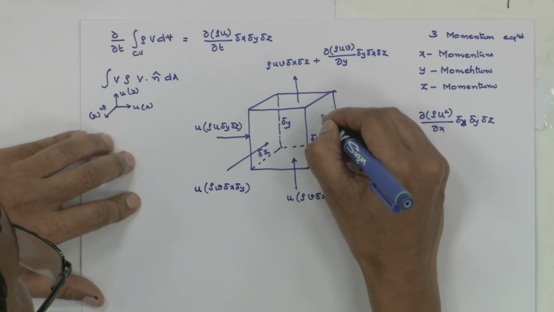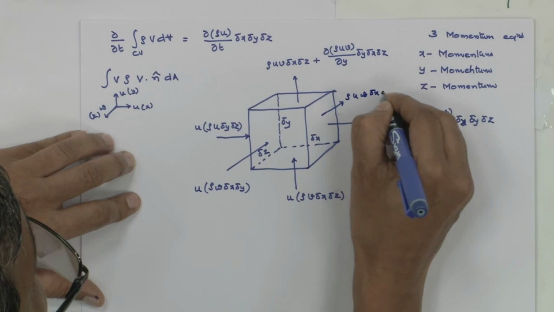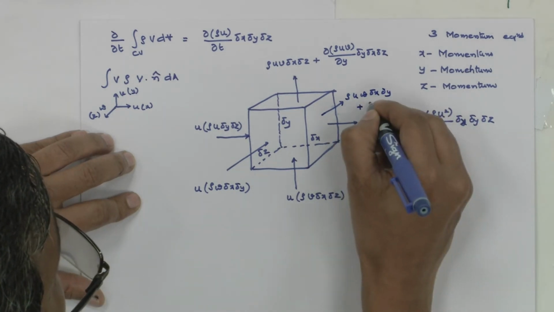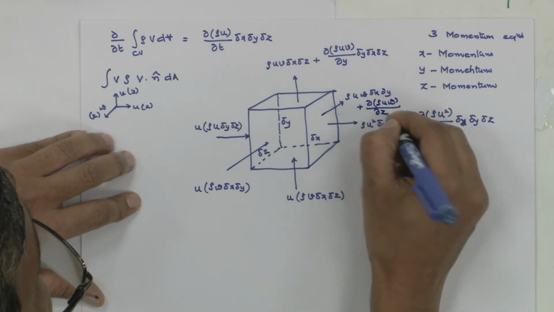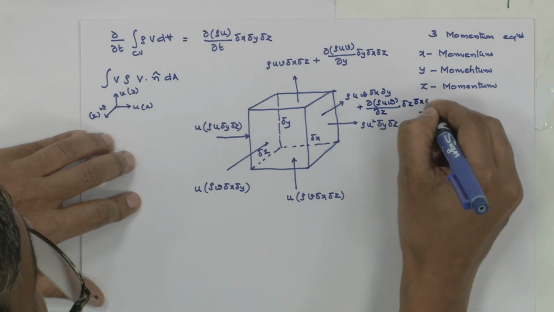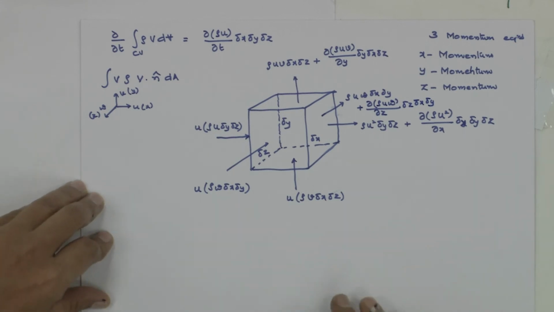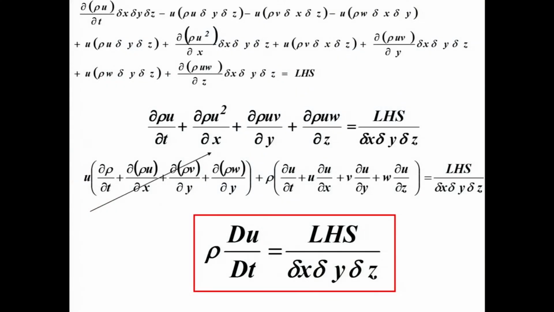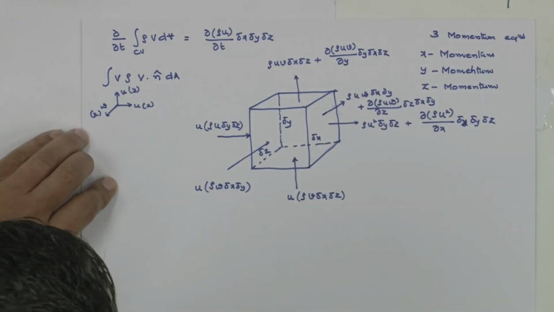So, what is getting out is rho u w delta x delta y. Here it is getting a little clumsy, bear with me for that, plus del of rho u w upon del z delta x delta y. Okay. Just to remind you, whatever gets in is always going to be negative, whatever gets out is going to be positive, correct?